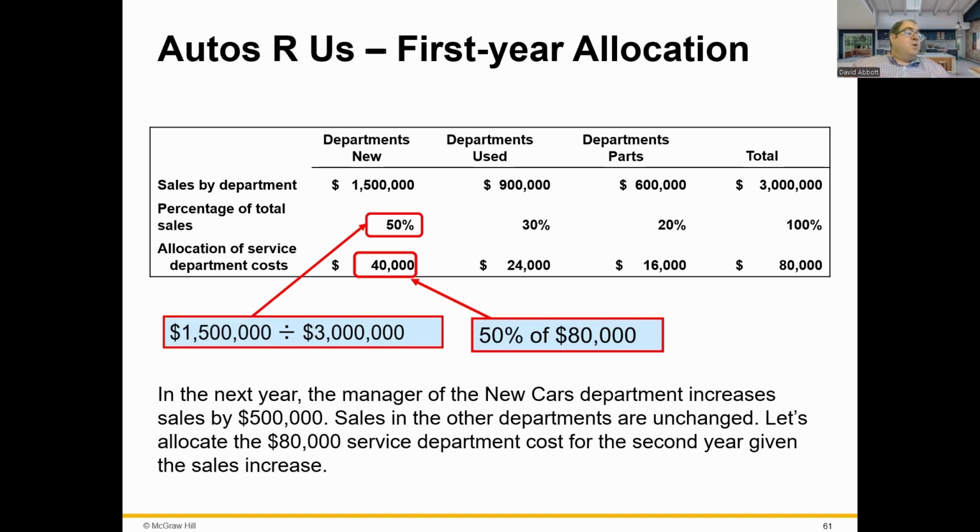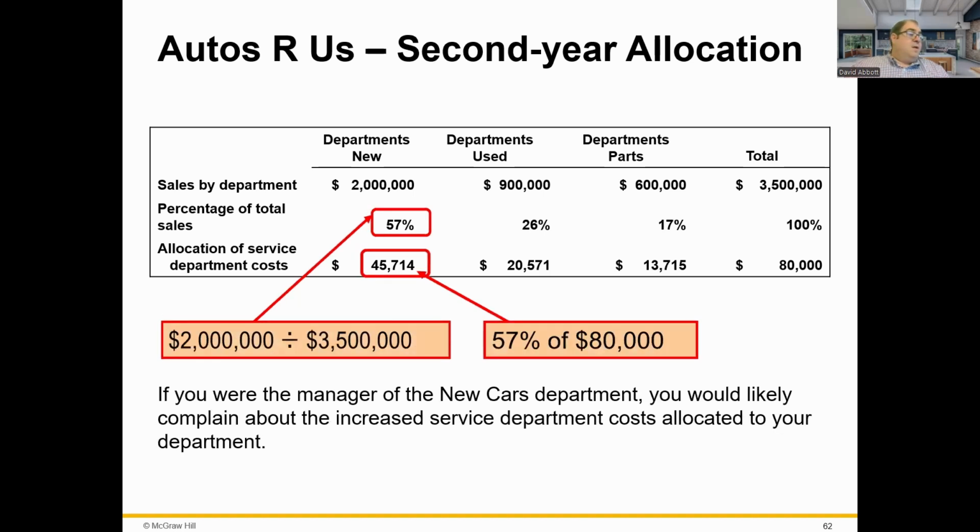The new cars department generated 50% of total sales and was allocated 40,000 of the service department costs. So we see the sales, and then we multiply by the percent of the total sales, which is what we use to figure out the amount. Now, the allocation for year two is shown.